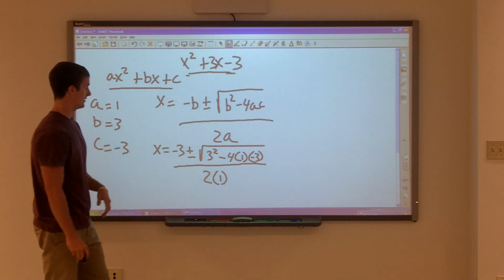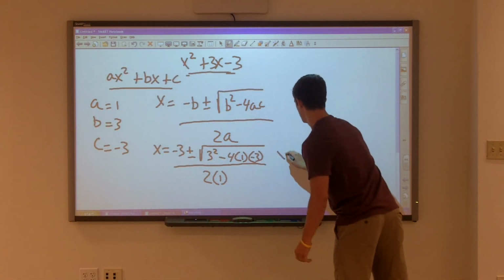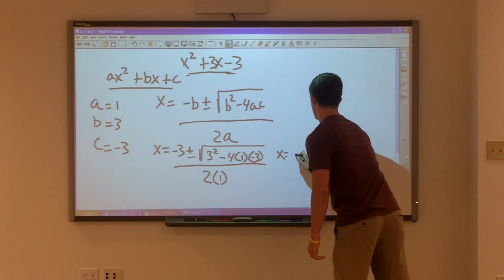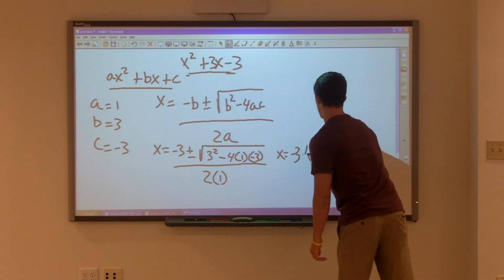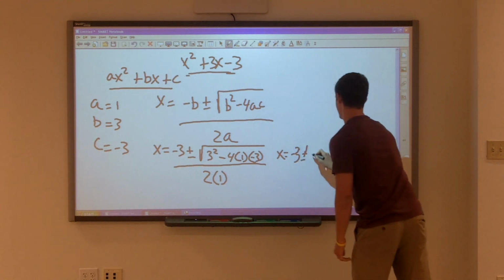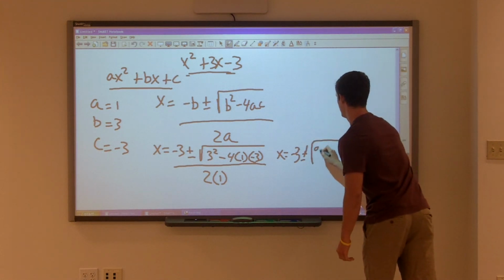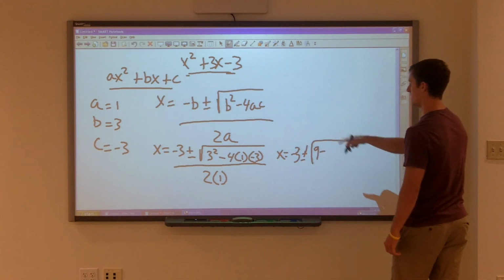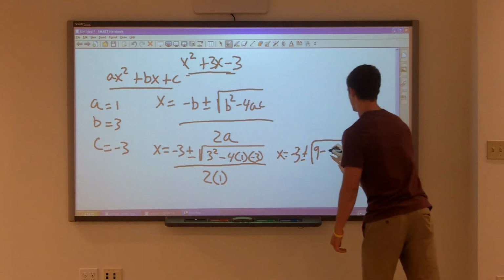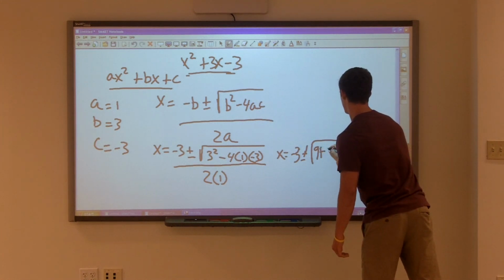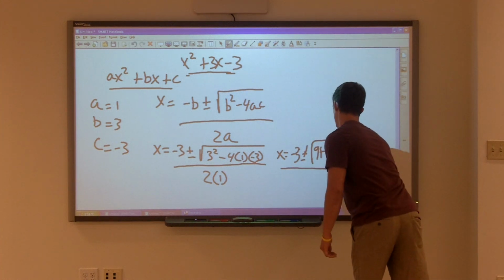And when we start to simplify these numbers, we'll have x equals -3 plus or minus the square root of 9 minus 4 times 1 times -3, which is just going to be a positive 12. So we'll have 9 plus 12, all over 2.